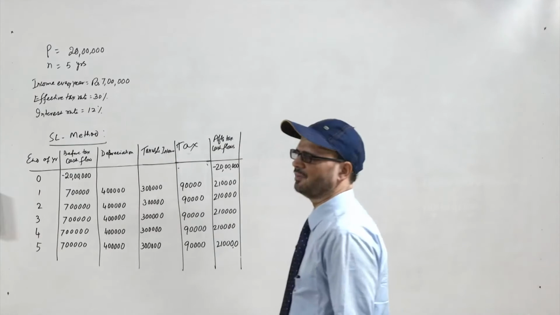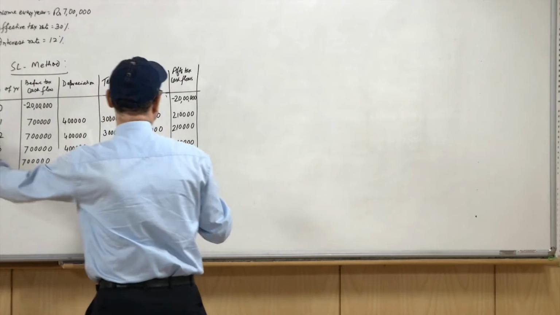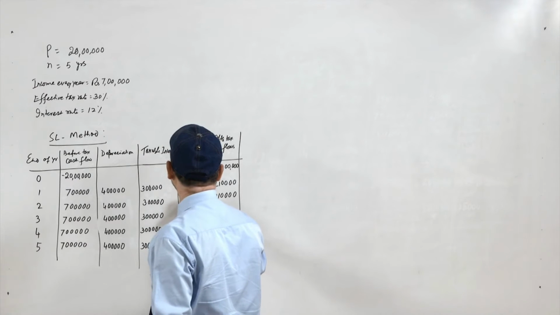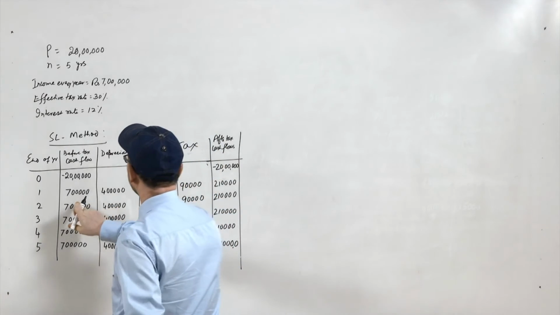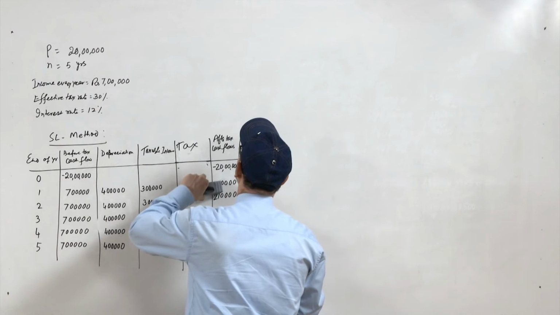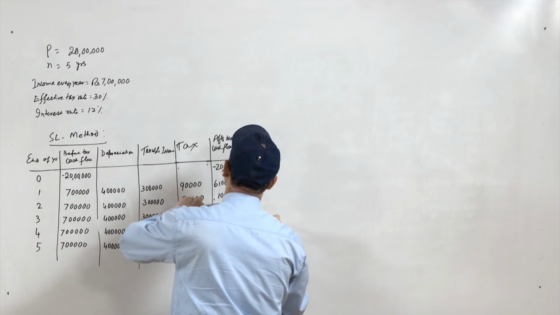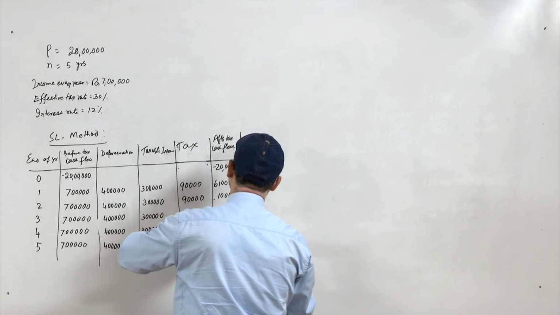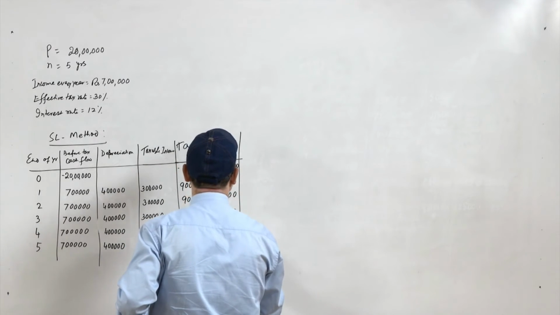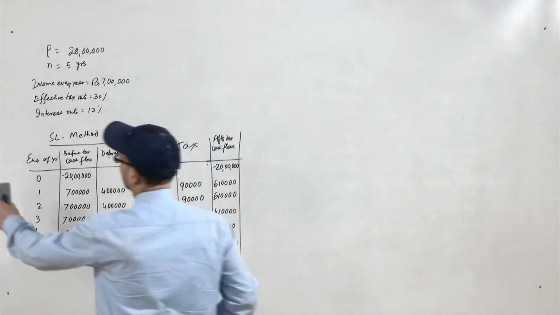One modification is there: after tax, the income is the before tax income minus this tax. So, this will be 6,10,000 in every case instead of 2,10,000. This is how your after tax cash flows will look using the straight line method.